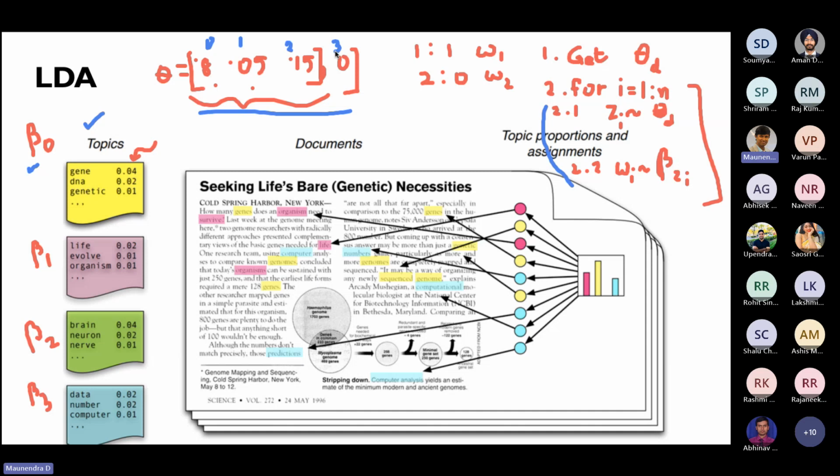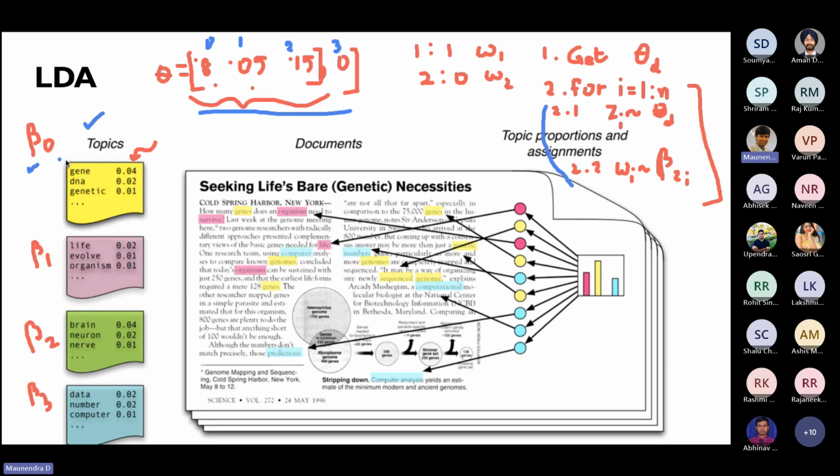Close but not exact. It's multinomial, the extension of binomial to more than two outputs.